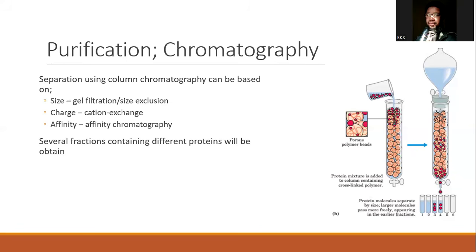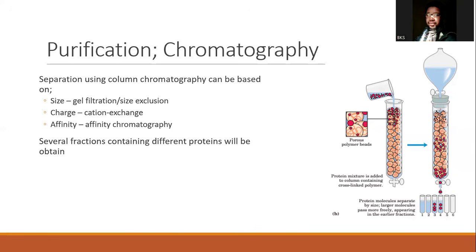The interaction also depends on the strength of these charges. The molecule can be strongly positive or strongly negative. So a strongly positive molecule can strongly interact with the negative molecules attached to the cation exchange resin as a stationary phase.